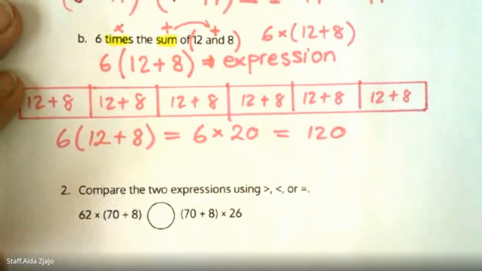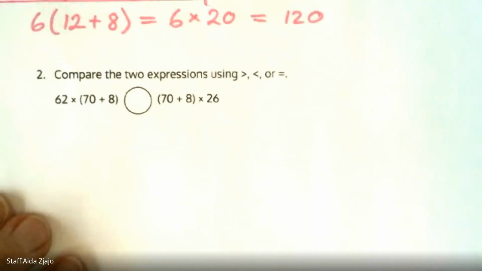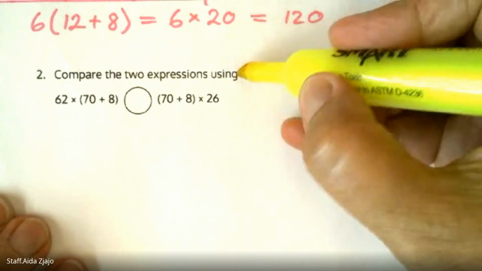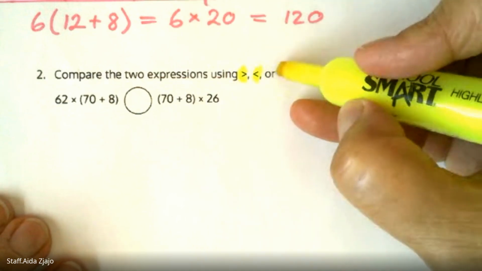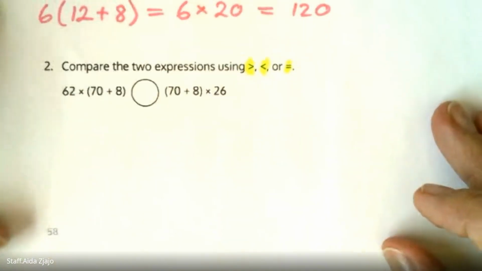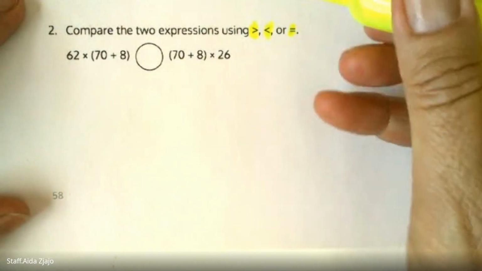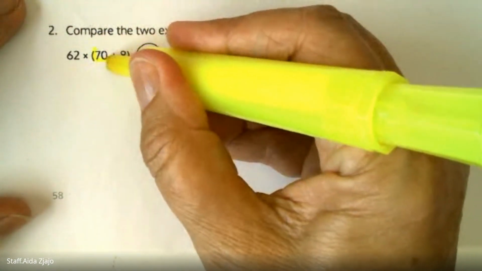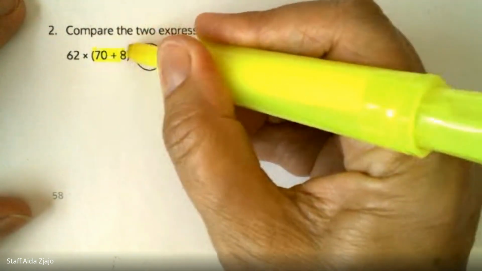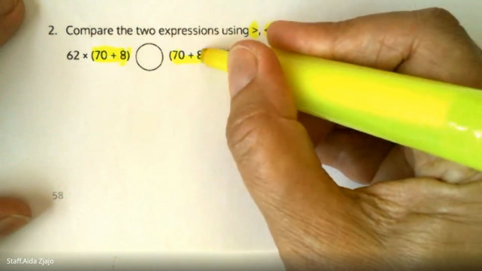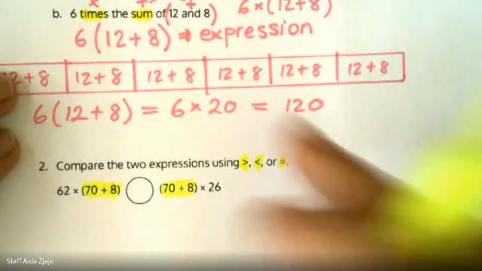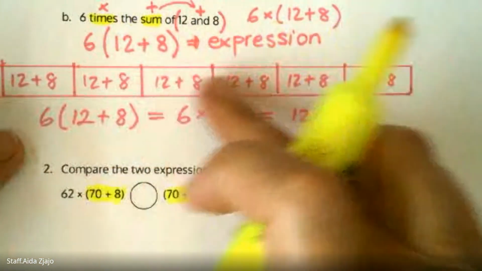Okay. Now, compare the two expressions using more, less, or equal. So when you do this, you look at what is in the parentheses. First, these are the parentheses. And if the parentheses are the same like the one before, 12 plus 8, look, it's the same.